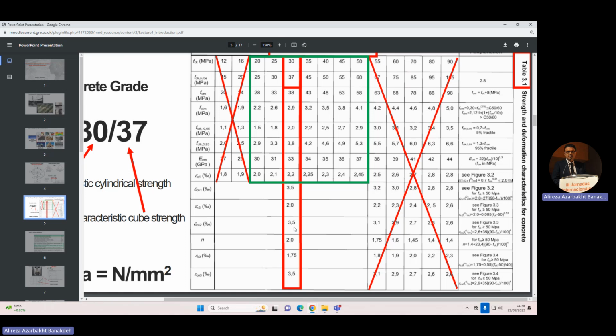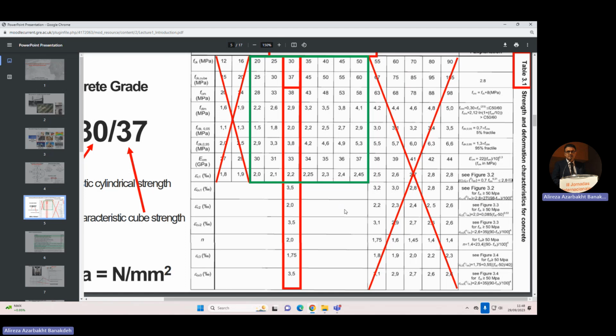When it says epsilon is 2, it means it's 2 divided by 100 because it's in terms of percent. Does it make sense? Epsilon C2, here it's 2. Epsilon CU2, it's 3.5, so 0.035. Yeah, divided by 100.